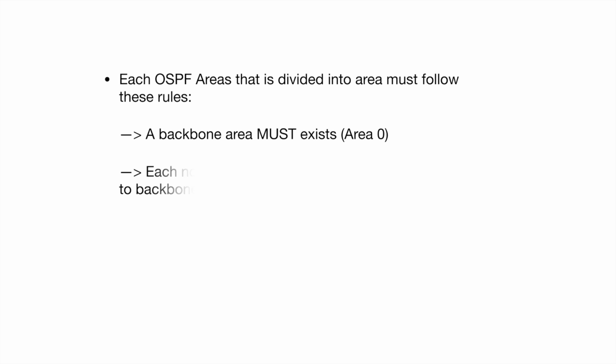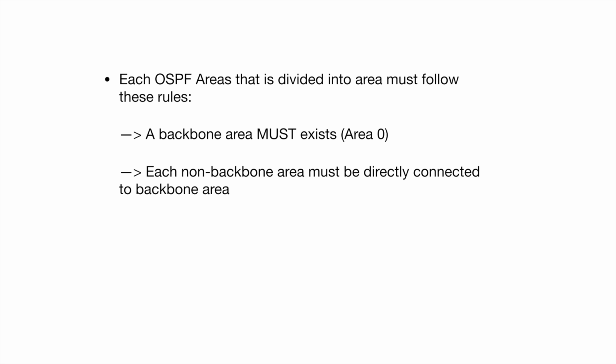Number 2, each non-backbone area must be directly connected to the backbone area. This is necessary for inter-area communication. If you have multiple areas, area 1, area 2, area 3, and so on, and area 2 routers need to communicate with routers in area 1, they're not going to be able to do it directly.